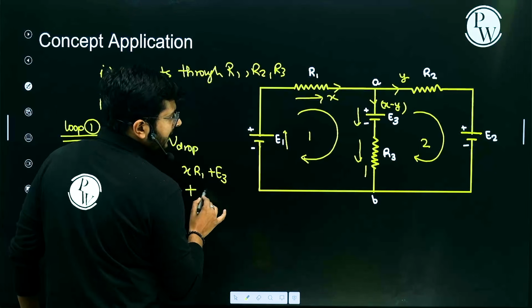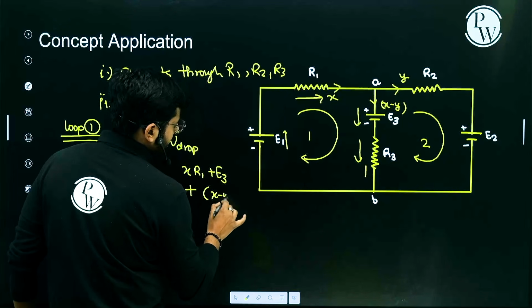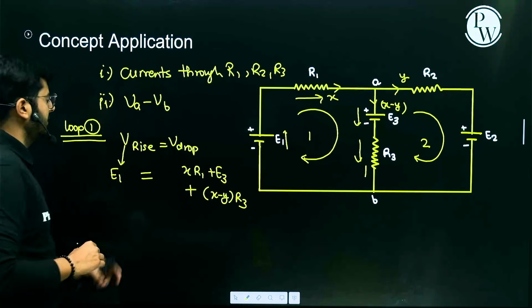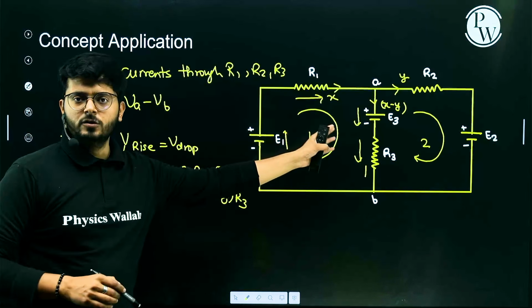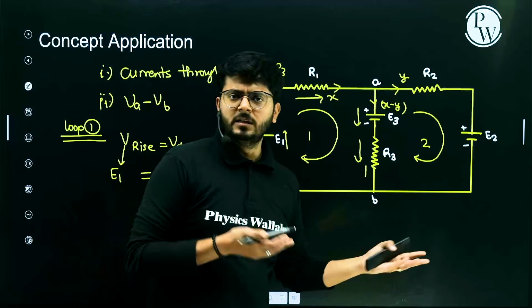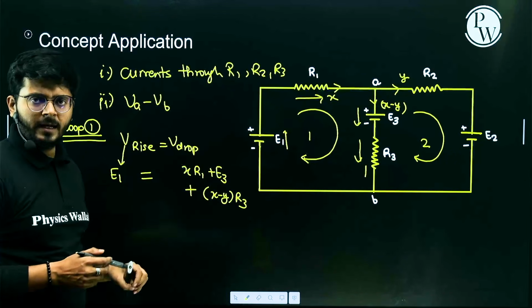How much drop? The potential drop is the value of current, X minus Y, into R3. This is the equation that you get in the first loop. You will have some values of E1, R1 and R2, just put the values and you will have an expression between X and Y in the first loop.